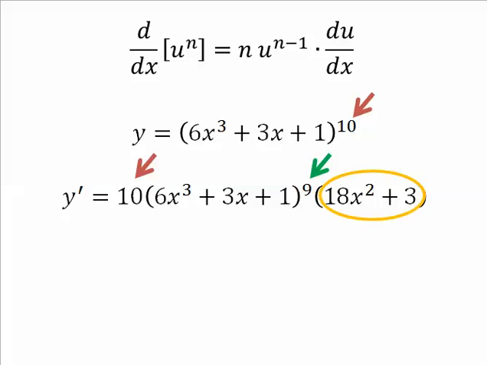Now what we do is we multiply that by the derivative of what's inside. And when we do, we get this derivative, 10 times the inside to the 9th power times the derivative of the inside.